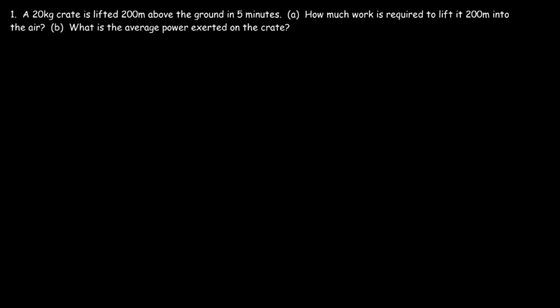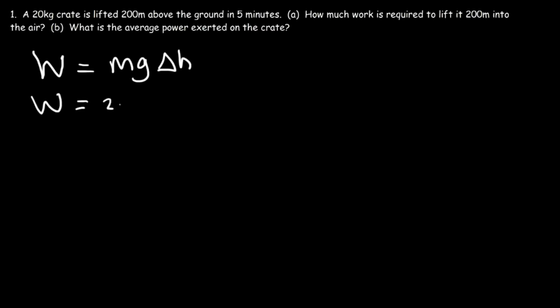A crate is lifted 200 meters above the ground in 5 minutes. How much work is required to lift it 200 meters into the air? The work required to lift something against gravity is mg delta h.